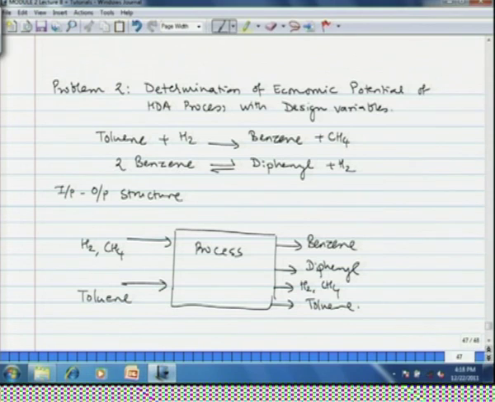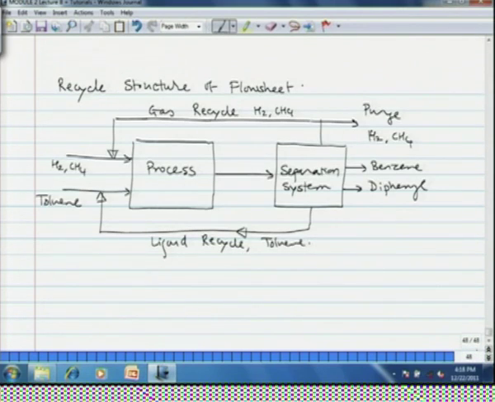The recycle structure of the flow sheet is also well known to us. We have seen it several times before. The process has input of hydrogen and methane, toluene as the main limiting reactant, and hydrogen is fed in excess.